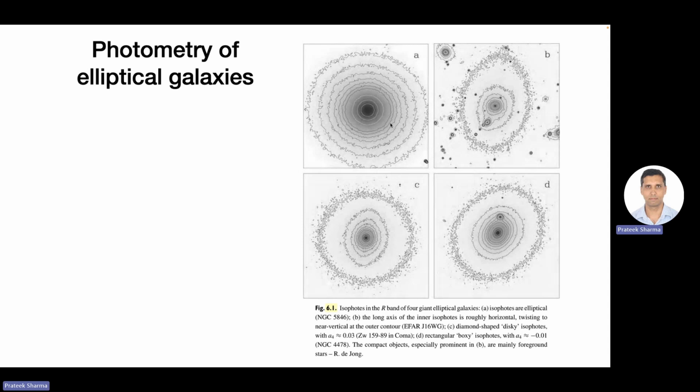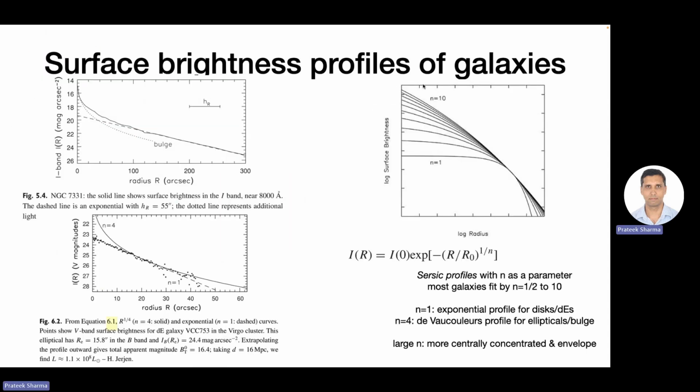So once you have this, then what you do is, okay, let's say this guy, you go along the major axis and make a plot of surface brightness as a function of distance. So this is what that is. If you have an elliptical galaxy or an ellipse on the sky, you go along the major axis and just plot the values on the contour plot along that line.